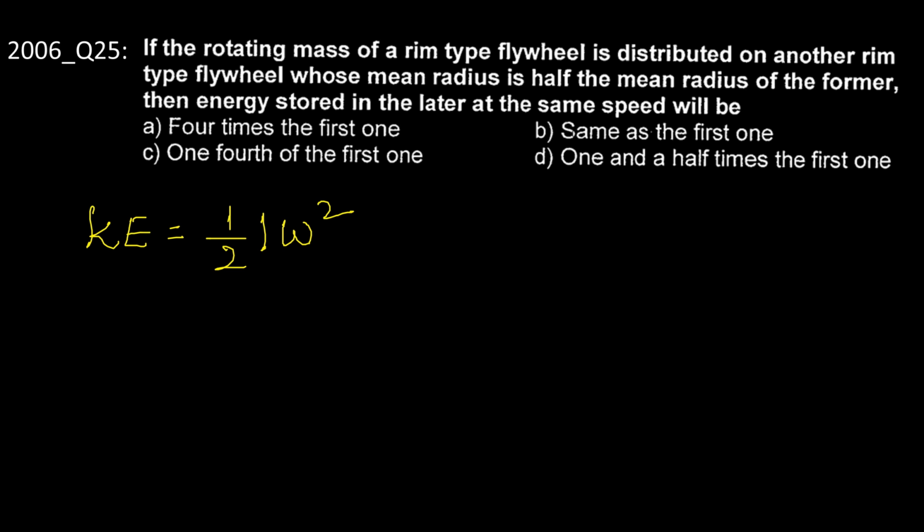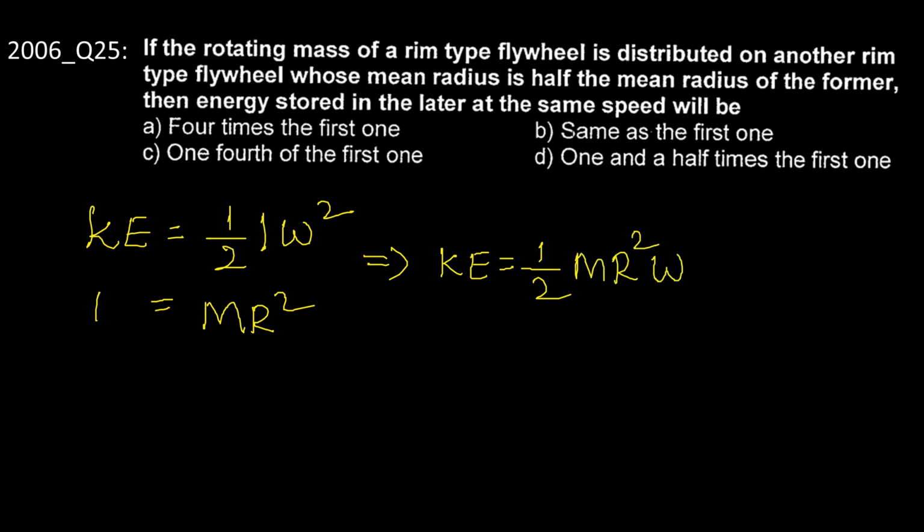Now I is equal to m r square, where m is mass of the flywheel, r is radius of the flywheel. So substituting that, KE is equal to half m r square omega square.